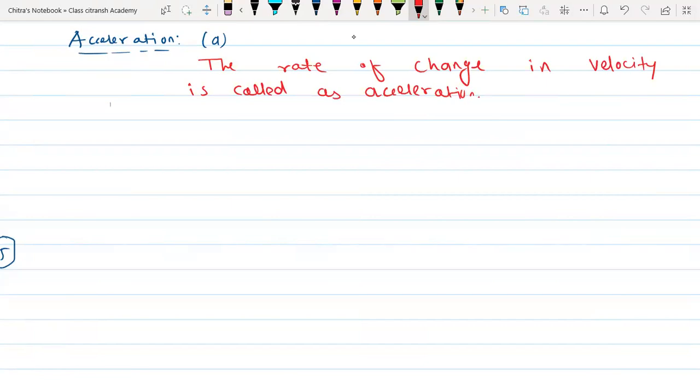So according to the definition, acceleration means A equals the rate of change in velocity. And how do we calculate the change?